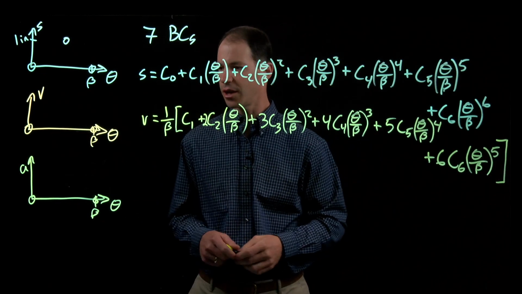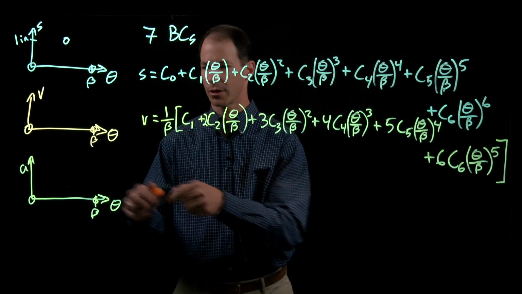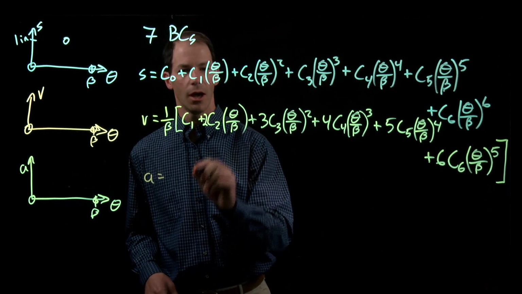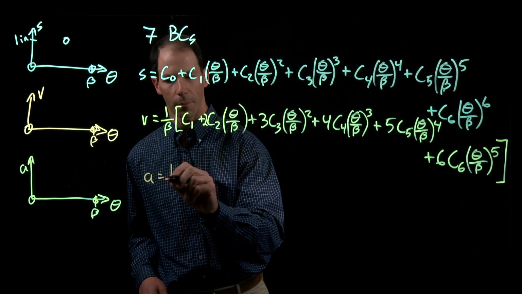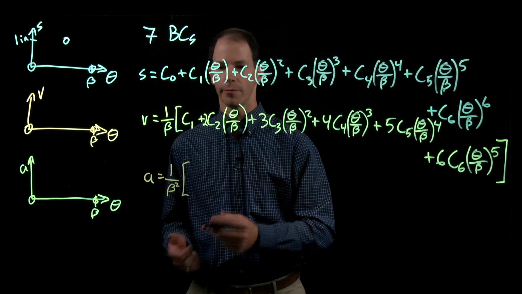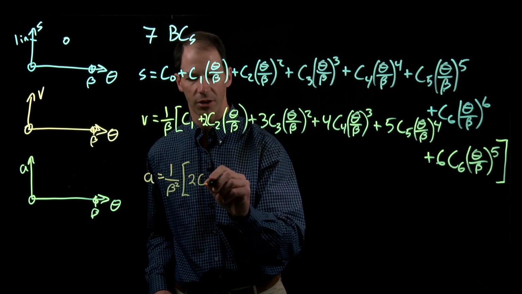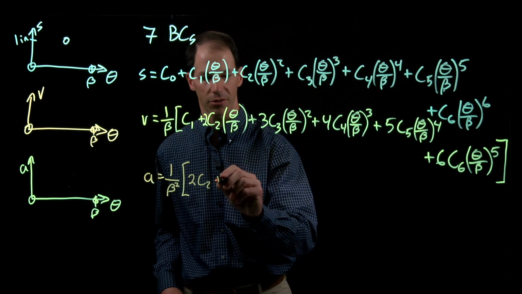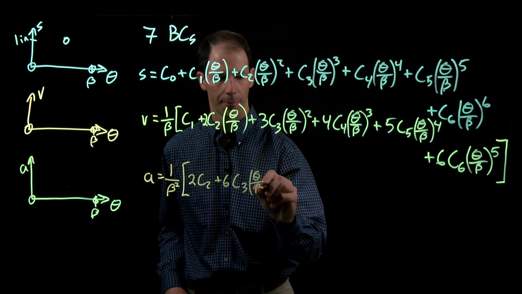Last thing I'm going to do is take my acceleration equation, and you notice that I did mix up colors here, but these two should be connected, and I'll do the same thing with the acceleration. So my acceleration is going to be, I'm going to get 1 over beta coming out of all of these terms, so I'll get 1 over beta squared that I'll pre-multiply. My C1 disappears as I take the derivative, so my first one is going to be C2, so I get 2 times C2. I get 3 here times 2, so I get plus 6 times C3 times theta over beta.